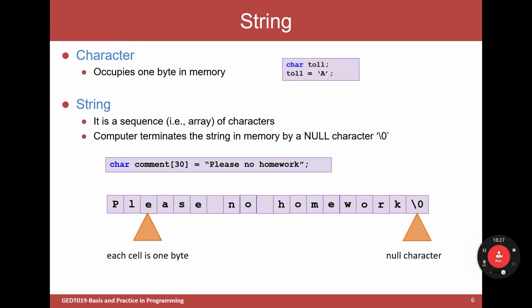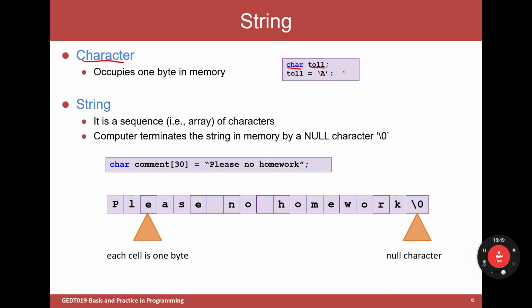Maybe you remember before, we learned about character. We define a character like this: we say char, then we define the variable tol, and then we say tol equals a. This is how we create a variable which can save only a single character.